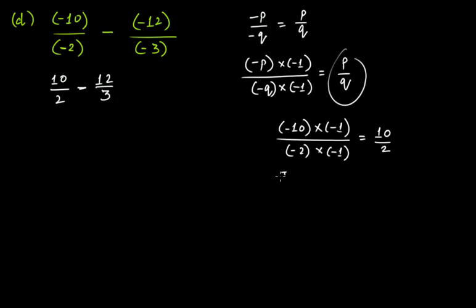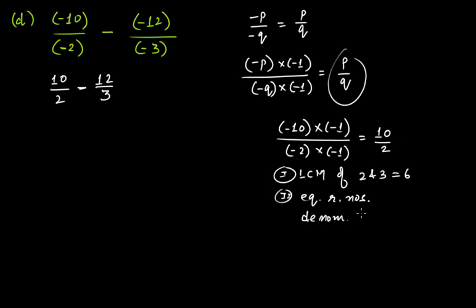So the first step is LCM. The LCM of 2 and 3 is 6. The second step will be to find equivalent rational numbers such that the denominator of them is equal to 6. That is the LCM.